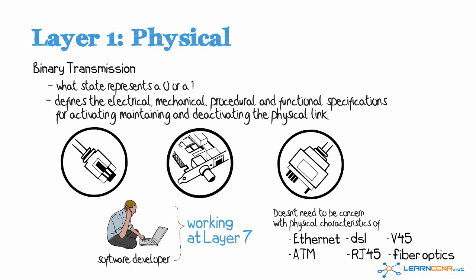The developer adheres to the specifications at layer 7, and network vendors providing networking equipment, or PC manufacturers providing PCs, adhere to the standards at layer 1 to ensure interoperability between networking devices.